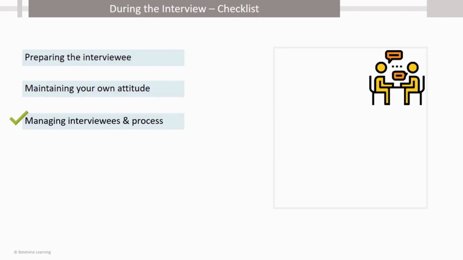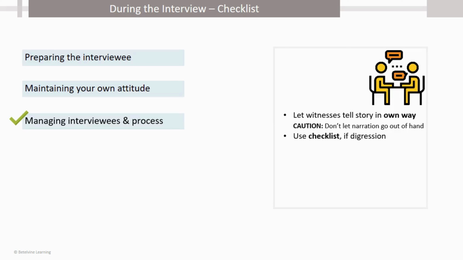Managing interviewees and the interview process. Let witnesses tell their story in their own way. However, ensure that the narration does not get totally out of hand. Use the checklist made during the pre-interview to gently guide the witness to revert to the main story if they digress. Request the witness to narrate the story in a chronological order.